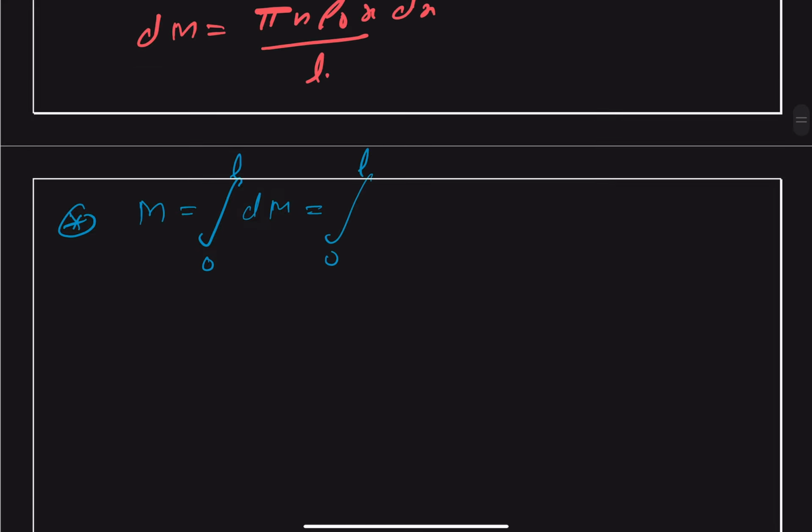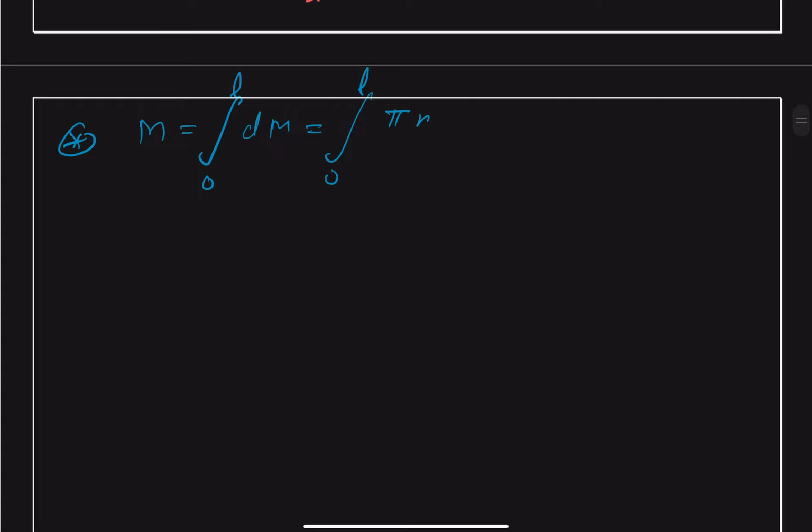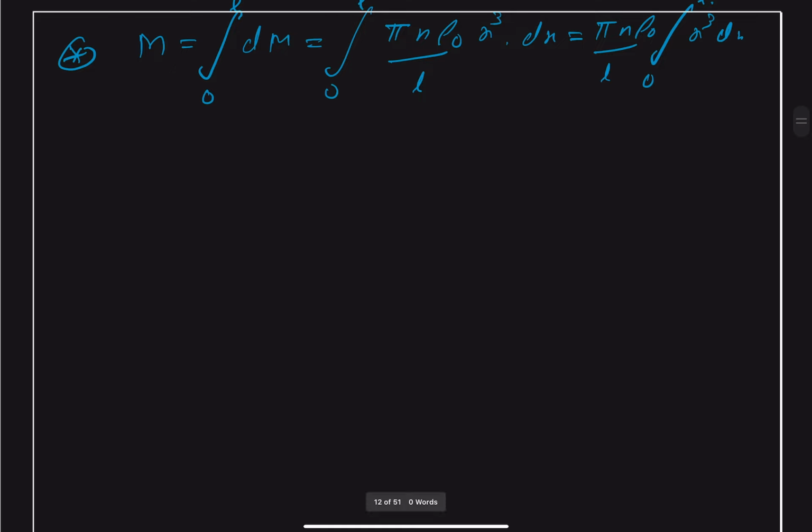Now we can find out the total magnetic moment, that is our m. Our m will be the integration of dm from 0 to L. We substitute the value of dm, which is pi n rho naught x cube dx divided by L. The rest of the things will be constant. The only variable is x cube dx, from 0 to L. The integral of x cube will be x to the power 4 upon 4.